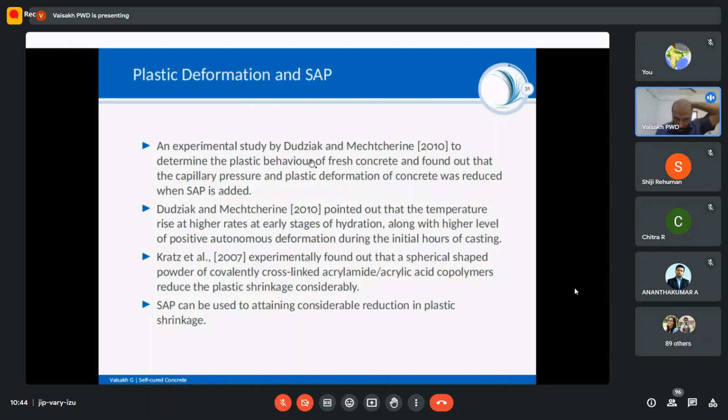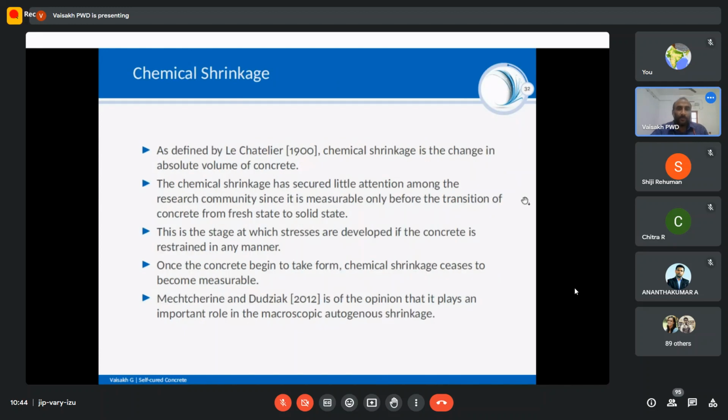And this is what I have mentioned earlier. The plastic shrinkage can be controlled by using SAP, superabsorbent polymers, in the system. As I have mentioned earlier, chemical shrinkage is a change in absolute volume of concrete.